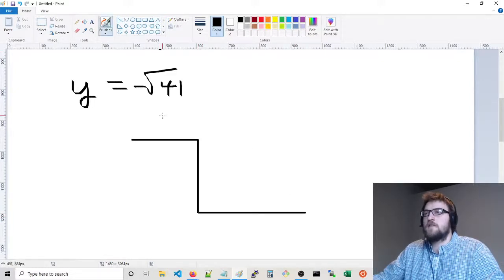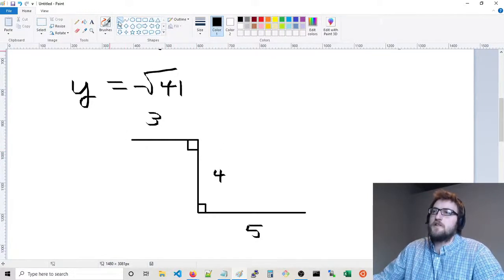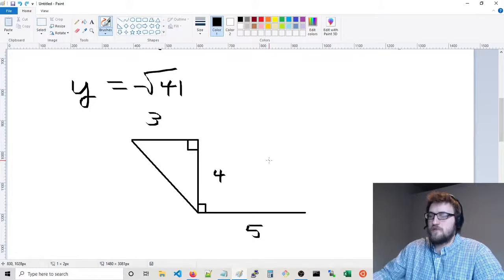Okay. 3, 4, 5. Right angles here. And then you can say, here's this triangle, here's that triangle.